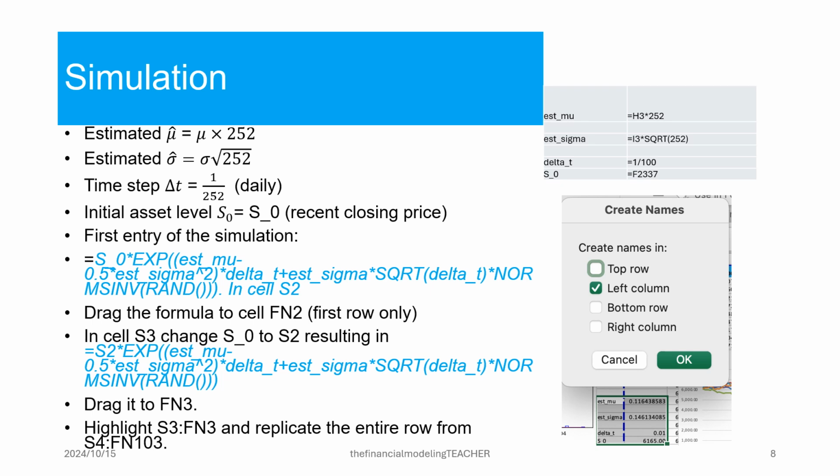And then delta t will be 1 over 100. In this case, we're just using 100 days, so we've had our time step reduced to 100. And then we have S0 as F2337. That would be the last entry under the Close column.